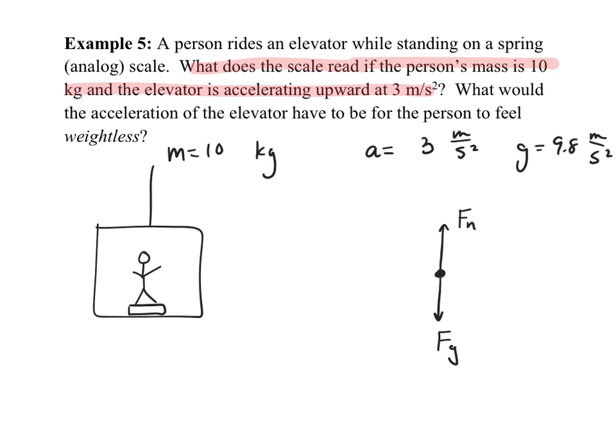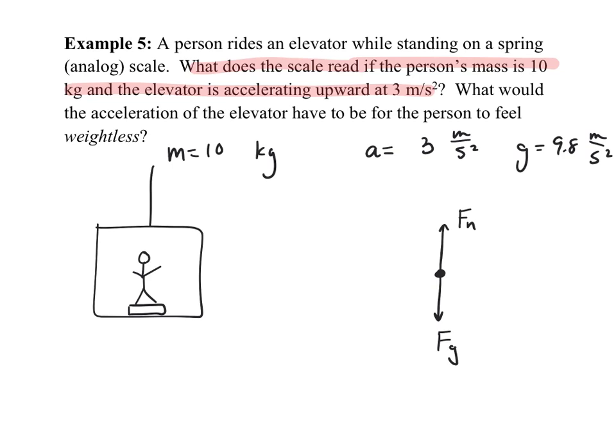What provides Fn to the person? I want a direct answer, not an indirect answer. Justin: The scale. Very good. Not the elevator card. What provides Fn on the scale? The elevator card itself. The person puts weight on the scale. So remember, this is very similar to the problem we just did with two stacked objects, right?